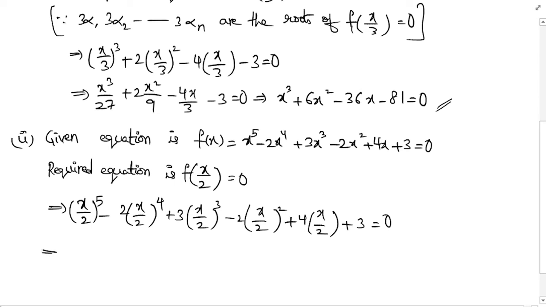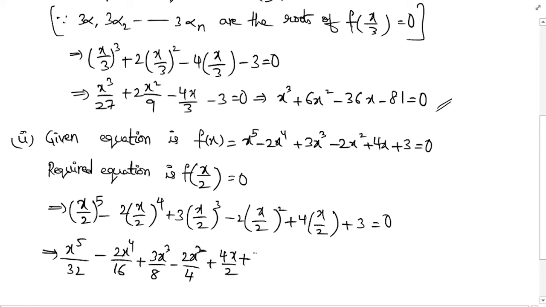Which implies that x power 5 by 32 minus 2x power 4 by 16 plus 3x cube by 8 minus 2x square by 4 plus 4x by 2 plus 3 is equal to 0.